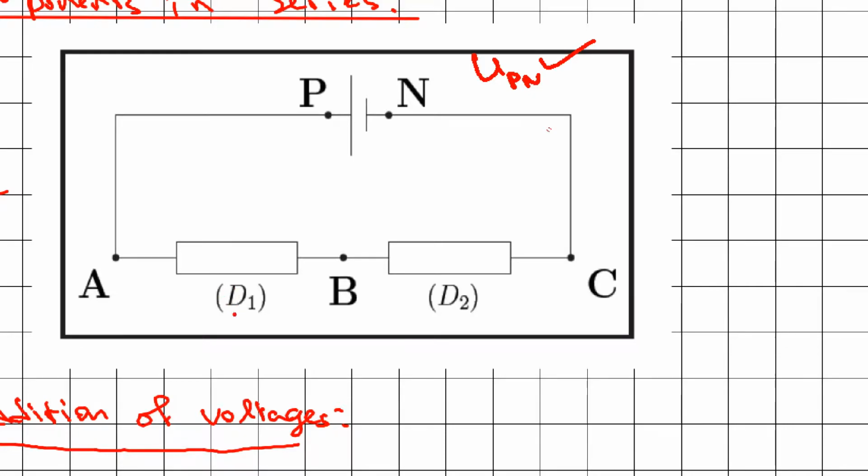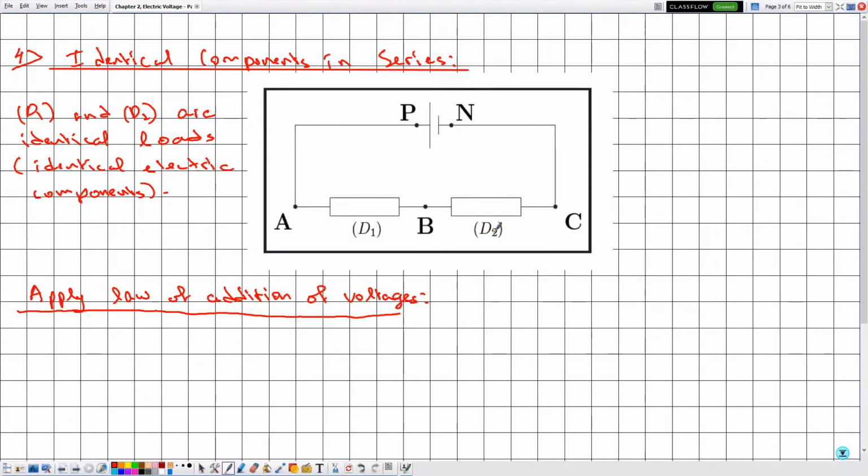In order to determine the voltages UAB and UBC across the electric components, first we need to determine the voltage UAC across the two electric components that are in series. So we are interested in determining the voltage UAC. Let's place it on the left, and let's go from A to C across the battery or across the DC voltage source. So from A to P, P to N, and N back to C.